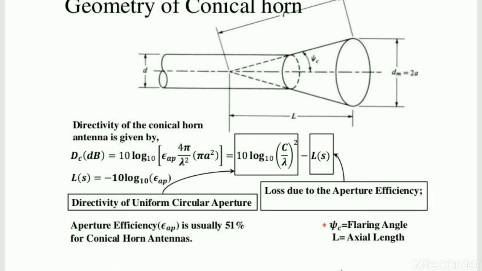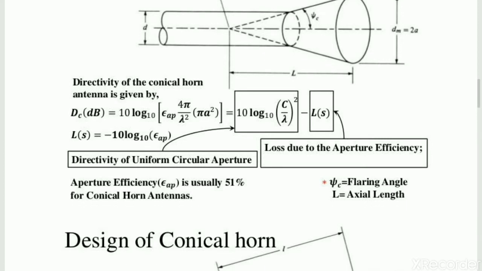So please remember these three formulas: the first one is the directivity of the conical horn, the second one is the directivity of the uniform circular aperture, and the third one is the loss due to aperture efficiency. So the directivity of the conical horn totally depends upon the directivity of the uniform circular aperture and the loss due to aperture efficiency.